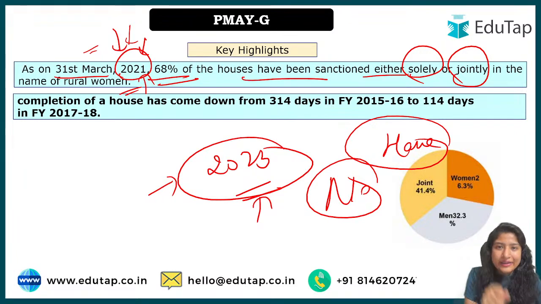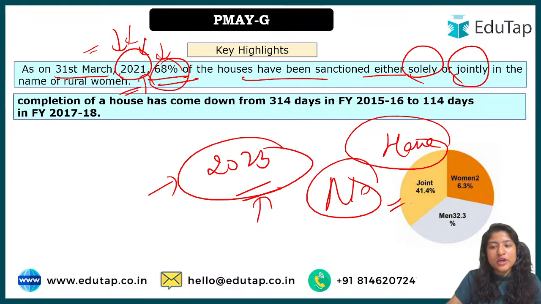If we add those, how many percent of houses are sanctioned in the name of females? That is 68%. Okay, so how much is joint? 41.4%, and solely for women it is 26.3. Please keep in mind, it is written there, it's not 6.3, it is 26.3. So they have combined it and come up with this particular data.